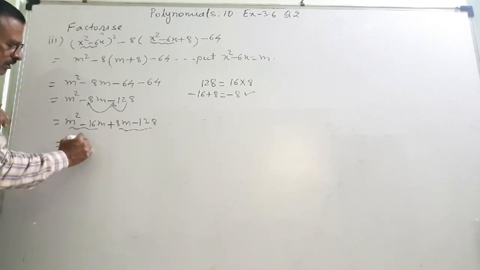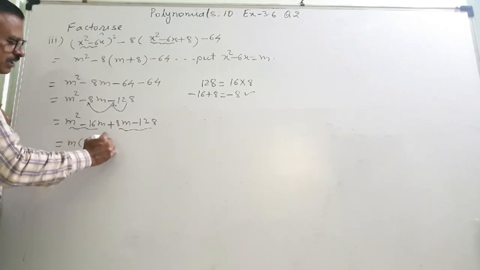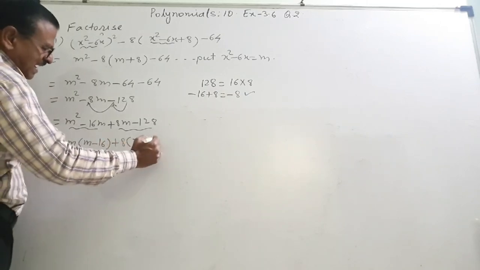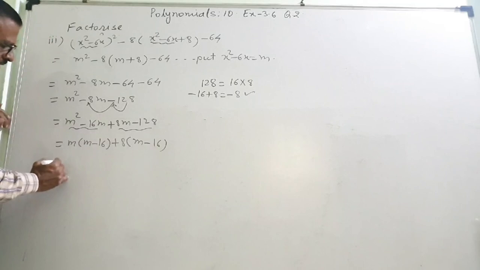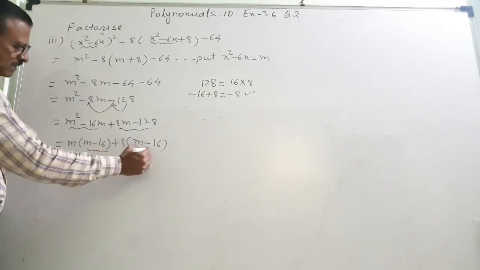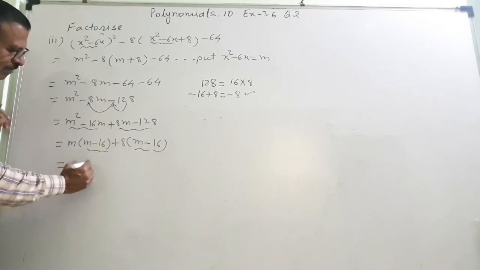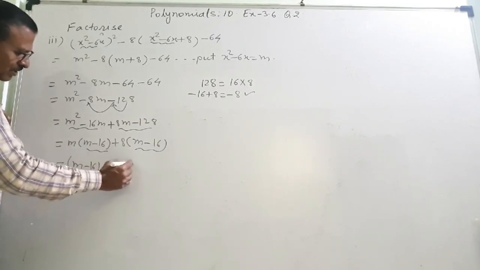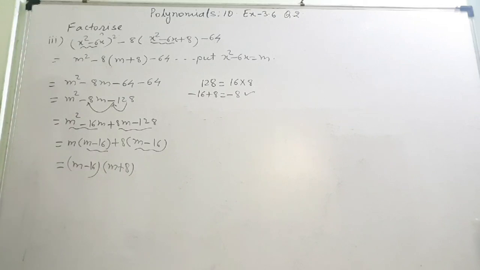Make the two groups. M is common, m minus 16, plus 8 is common, m minus 16, 8 16s are 128. So that is equal to m minus 16 is common, m minus 16 into another bracket m plus 8. But what is our m?